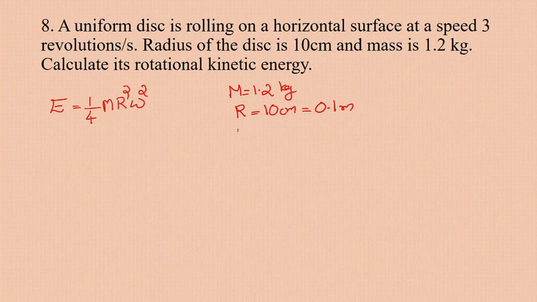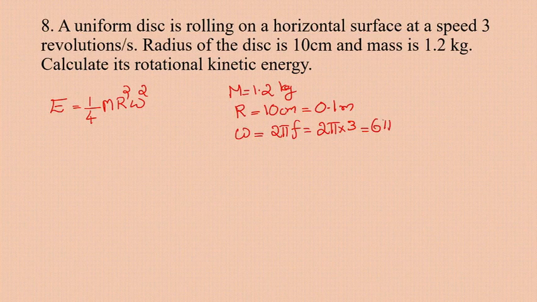Now the angular velocity omega is equal to 2 pi f, that is 2 pi into 3 revolutions per second, that is equal to 6 pi radian per second.